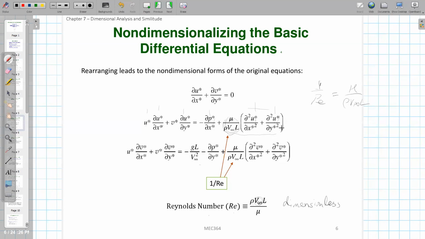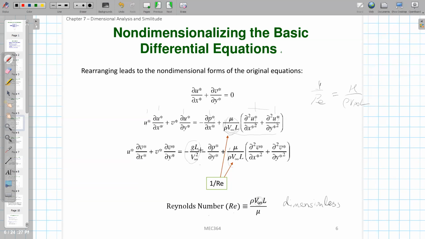Okay, so this is the advantage of why we do the non-dimensionalization for this fluid equation. So this is the x direction momentum. If you look at the y direction momentum, non-dimensionalized, instead of this parameter, 1 over Reynolds number, you will have another parameter here for the gravity term, because we assume that your gravity force is only in the y direction.